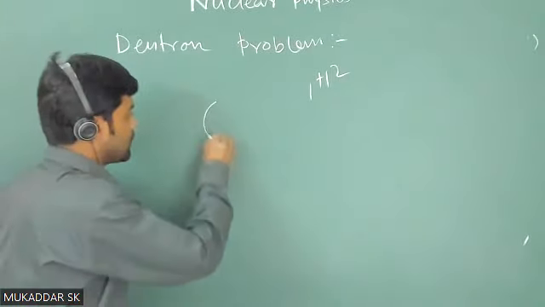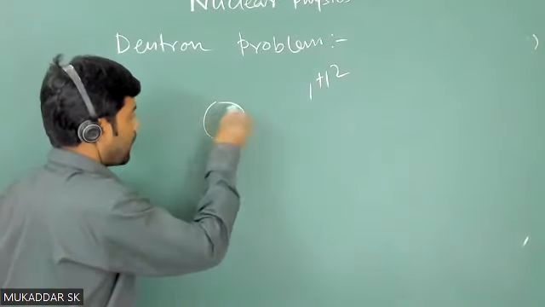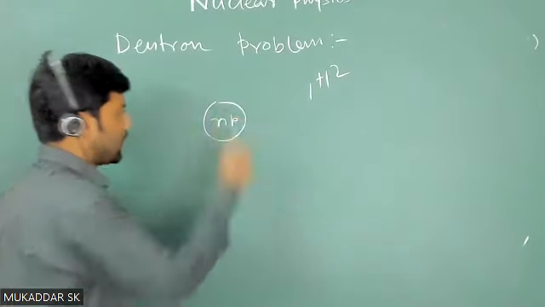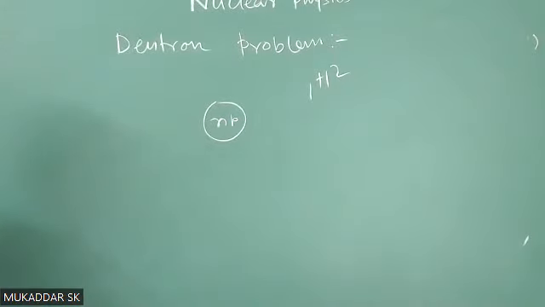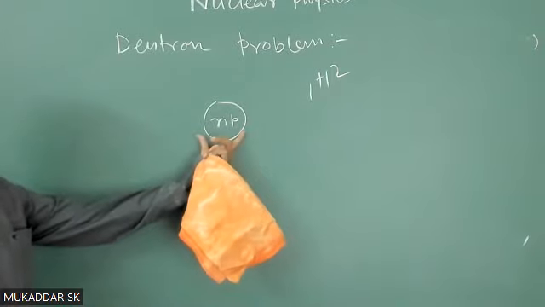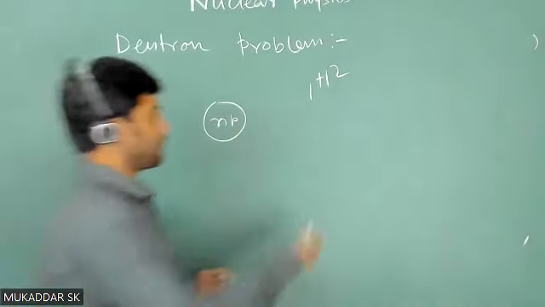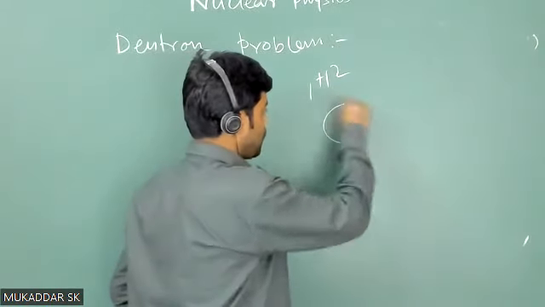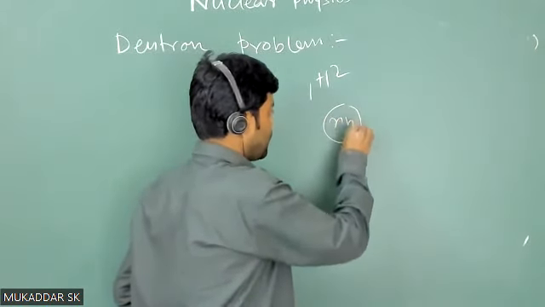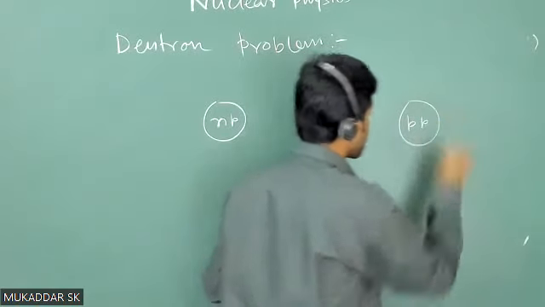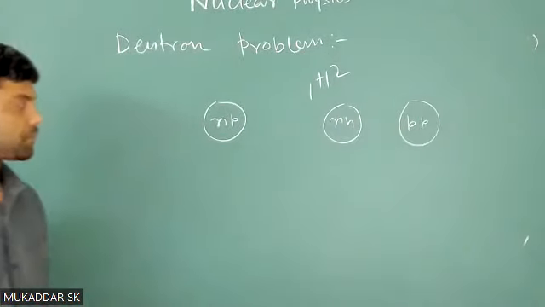Suppose this is the nucleus, and if you are talking about deuteron, it will have an N and a P. So this is basically a 2 nucleon system, a 2 nucleon stable system. Why am I saying stable system? A 2 nucleon system can be like NN, PP, or NP.